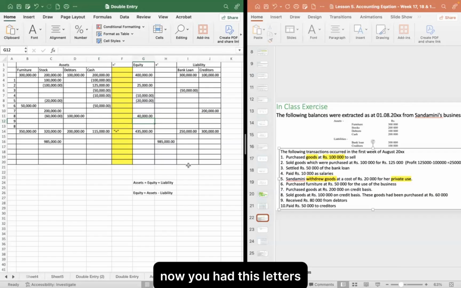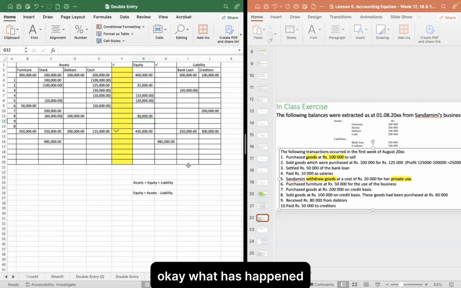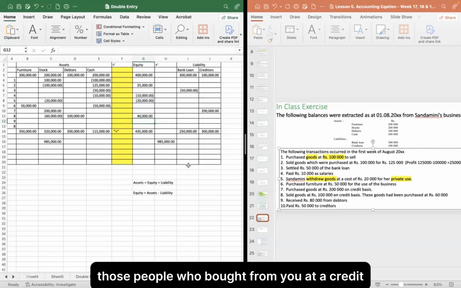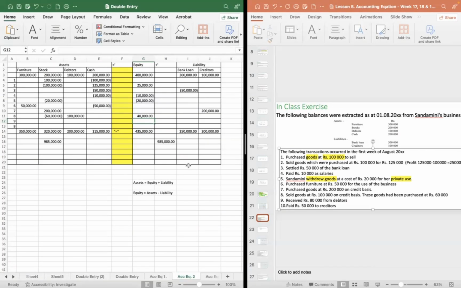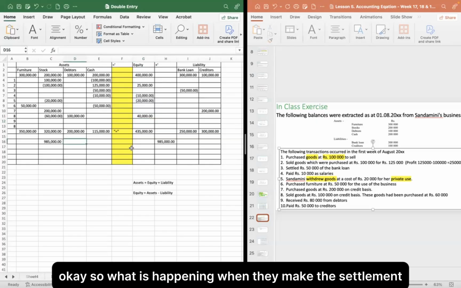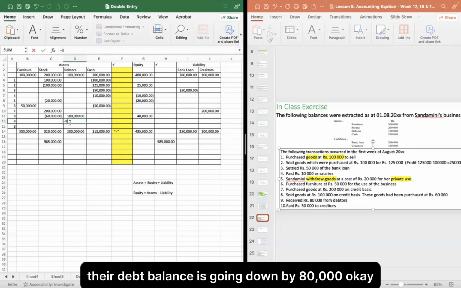Now you had these debtors, the people who bought goods on credit. What has happened? They have paid you 80,000. When debtors make a settlement, their debtor balance goes down by 80,000.